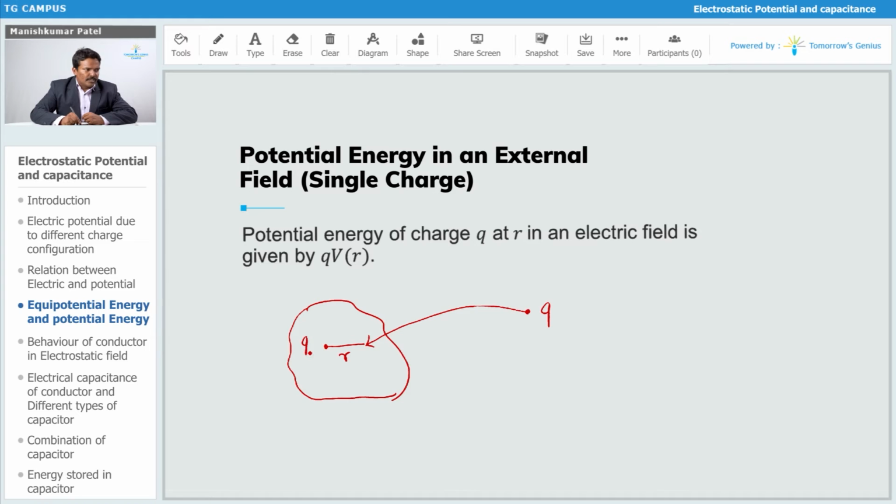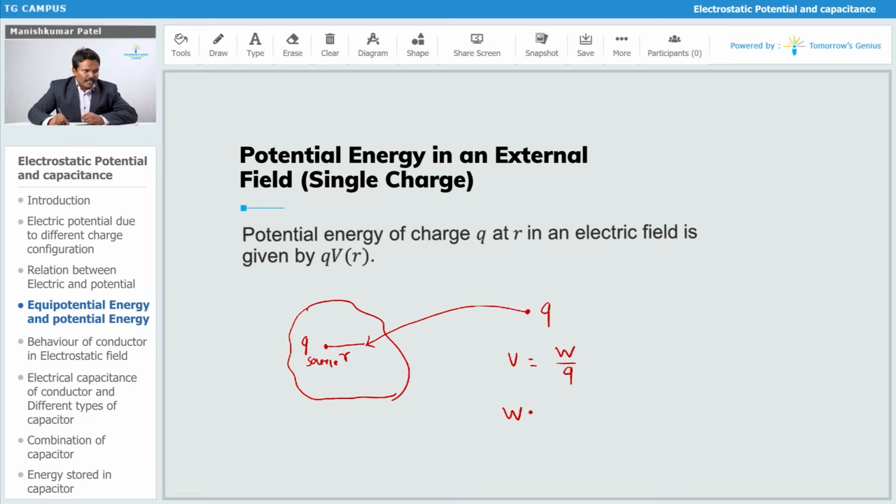So this q is the source, and that source is going to produce the electric field around it. Now we know that potential is work done per unit charge.